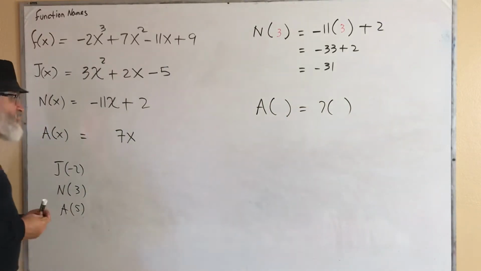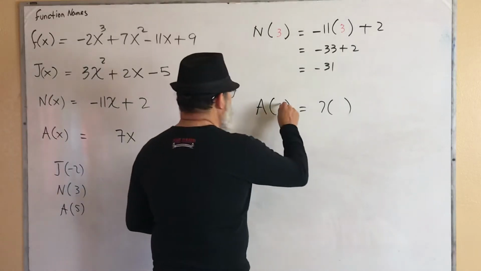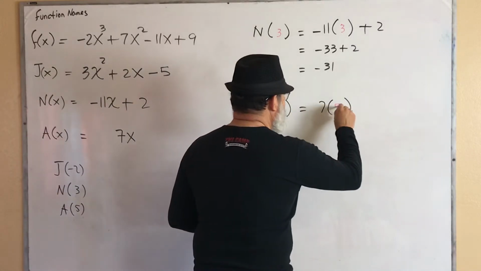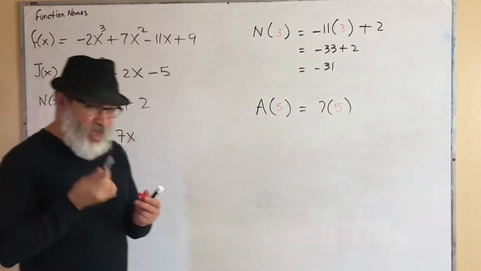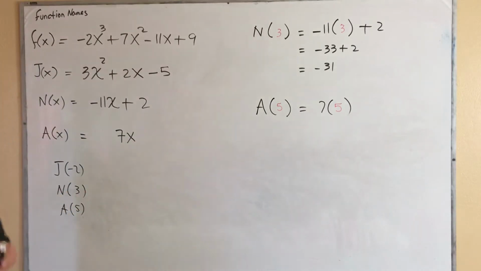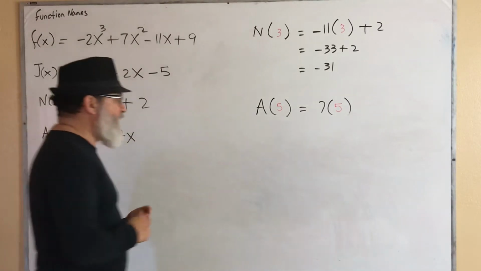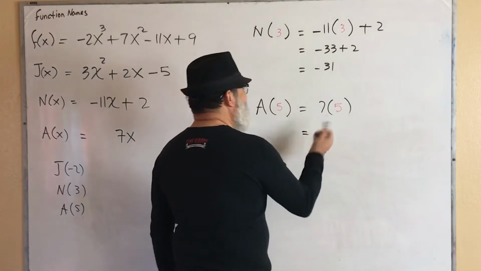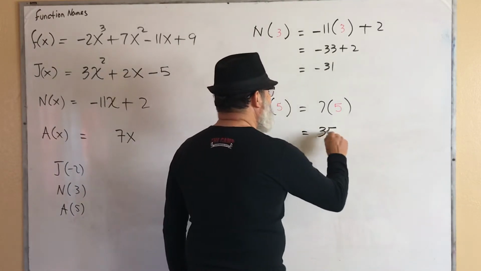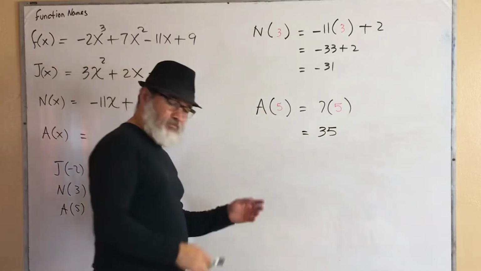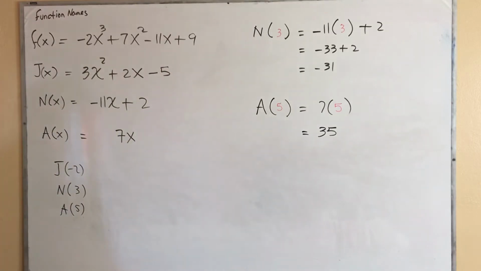So if x is 5, this is 5, and this is 5. I hope you guys can see that. It's in red. So Anna of 5 is 35. There we go. Okay. Very good.